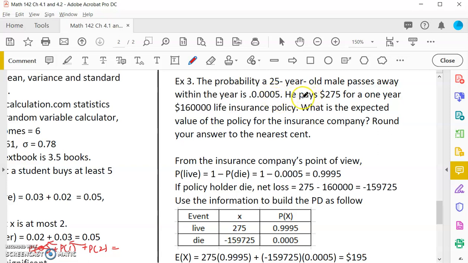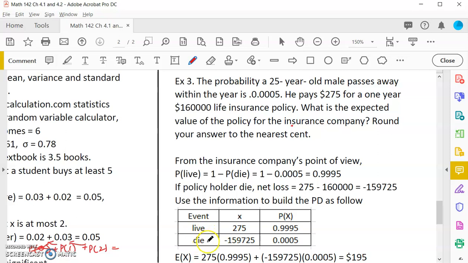It is very accurate. Then, to protect whatever obligation he needs to support, he paid $275 for a 1-year, $160,000 life insurance policy. What is the expected value of the policy from the insurance point of view? Sometimes that person dies, right? So there are two events.